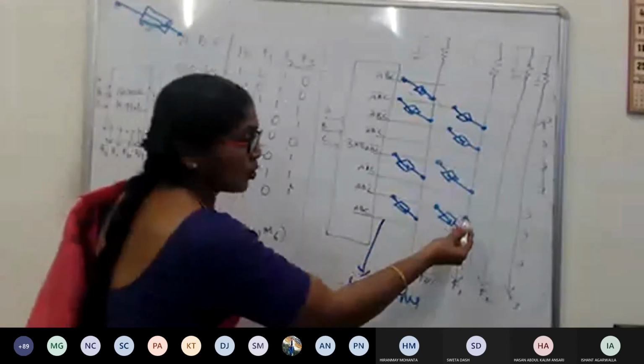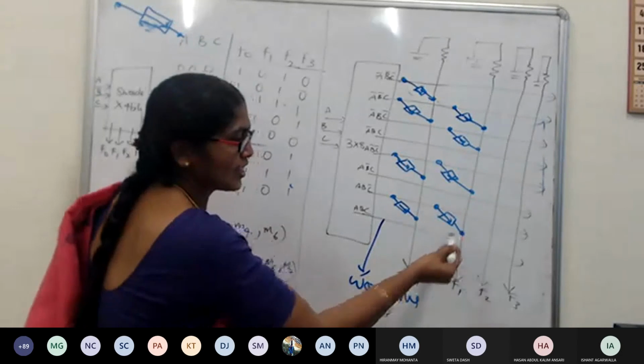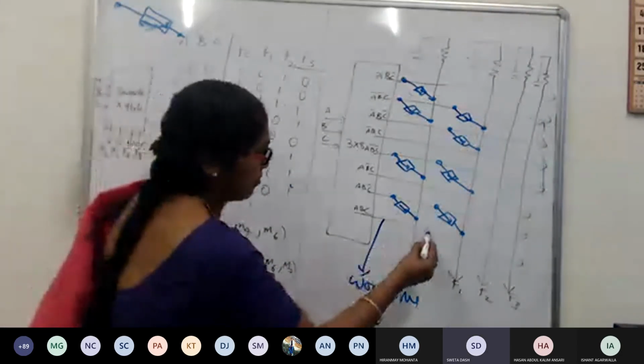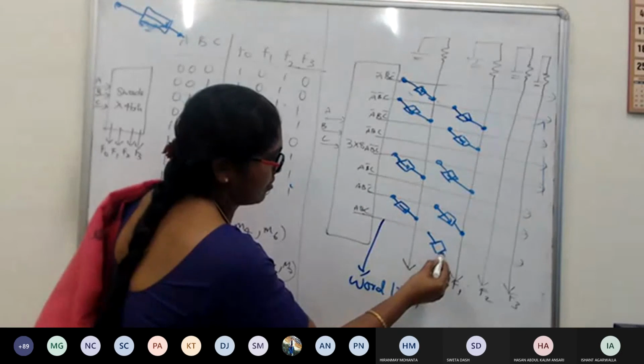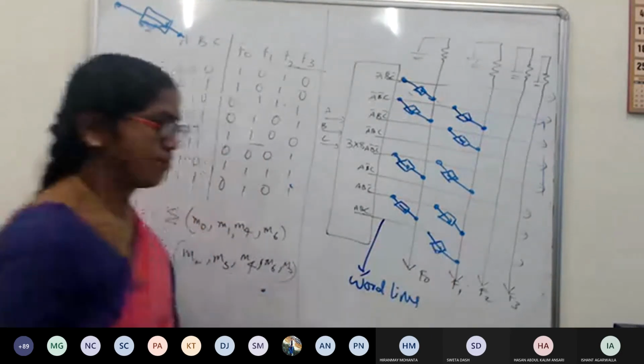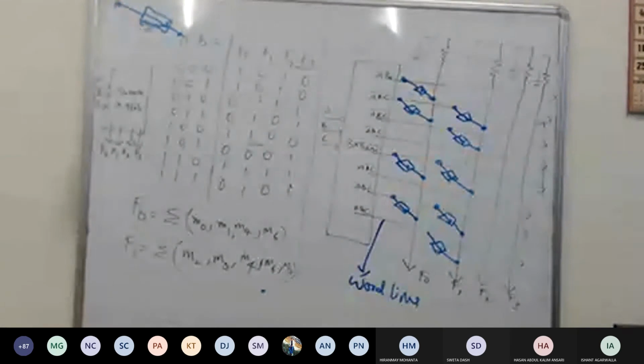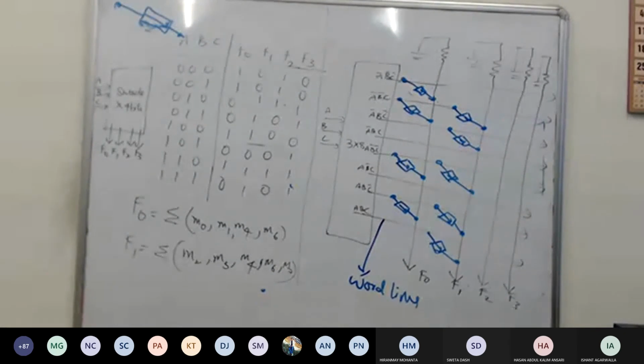I am not taking it to the corner of this one. I am only holding it here. Did you observe that, everybody? M7. Okay? Is that fine? Yes, ma'am. So like that, you keep on doing it for F2 as well as F3. Right? So now, yes, go ahead.